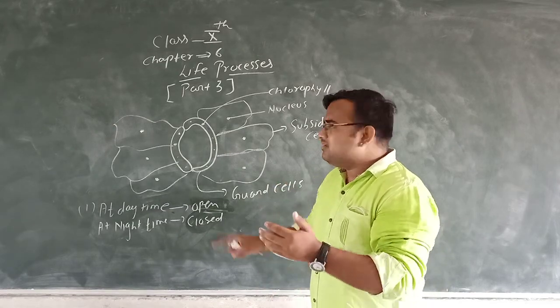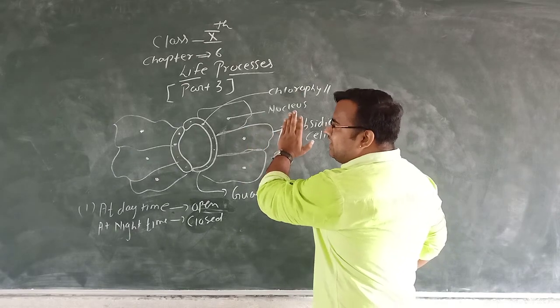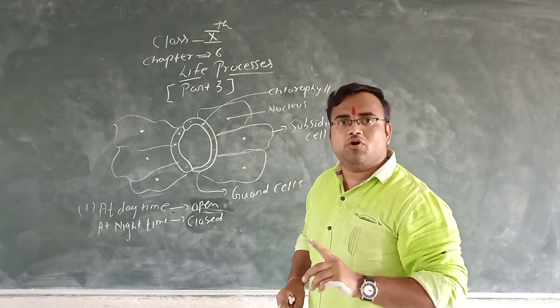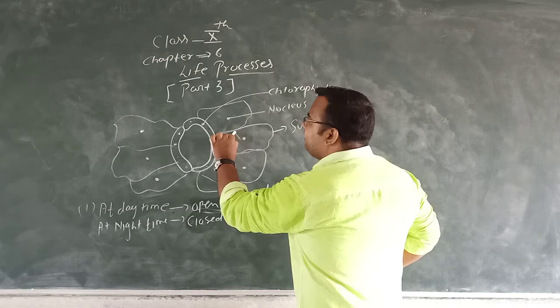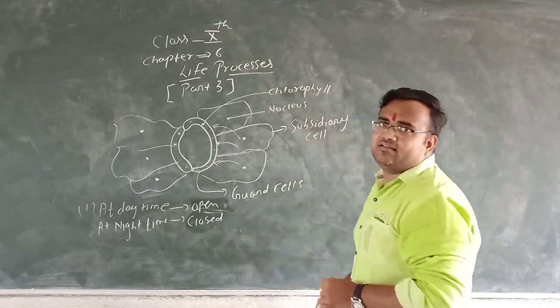Since the water concentration is decreased in the guard cell, the water from the subsidiary cells will move toward the guard cells.